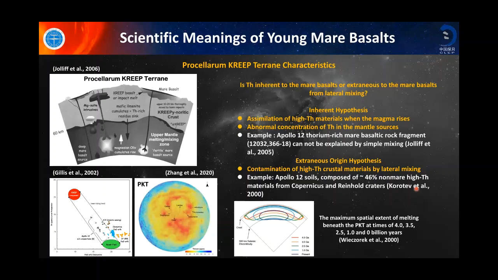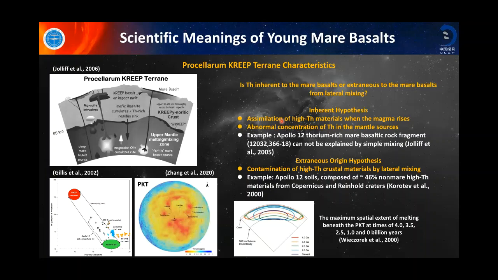There is some evidence that the thorium is inherent, such as the Apollo 12 thorium-rich Mare basaltic rock fragment. And from remote sensing data, we cannot use simple mixing theory to produce these high thorium dots.